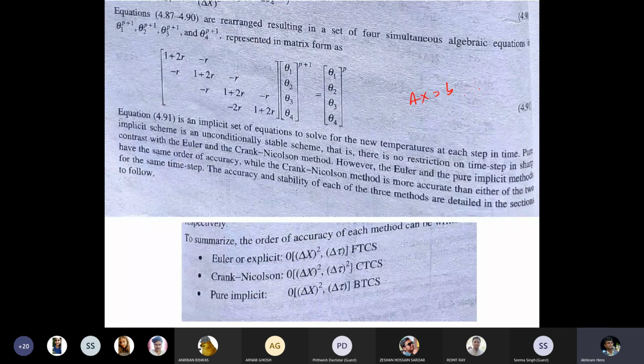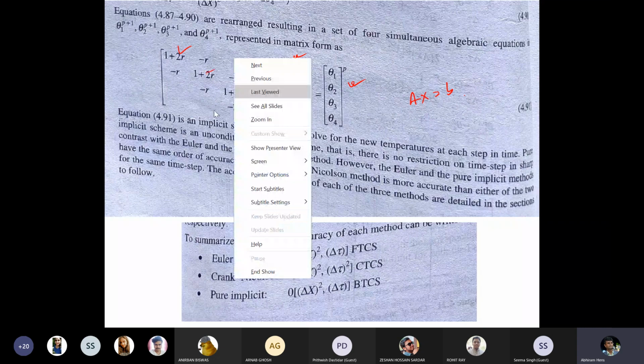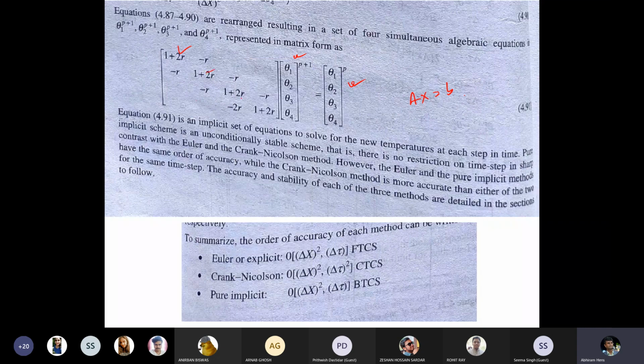So here also you need to solve a set of linear algebraic equations, because you know this part, but this is your unknown, and you see that you have 1 plus 2r terms in all the terms. So again there is no question of instability here, and this is called unconditionally stable.